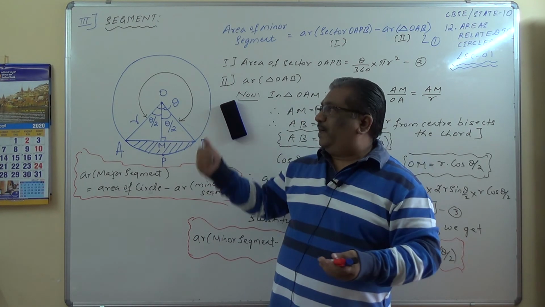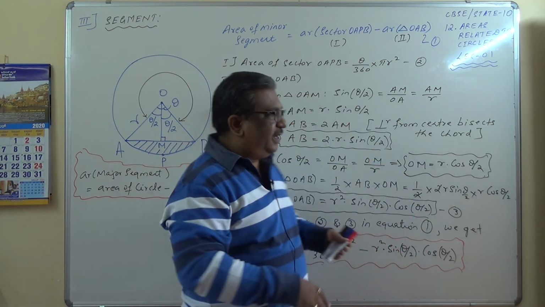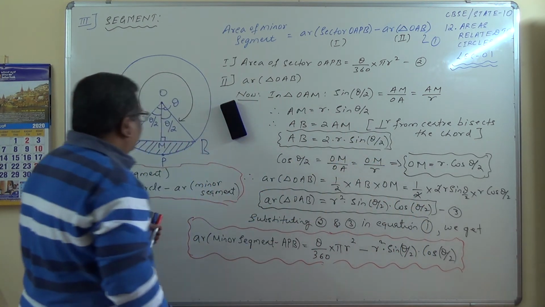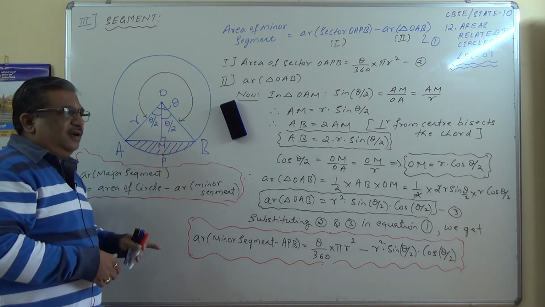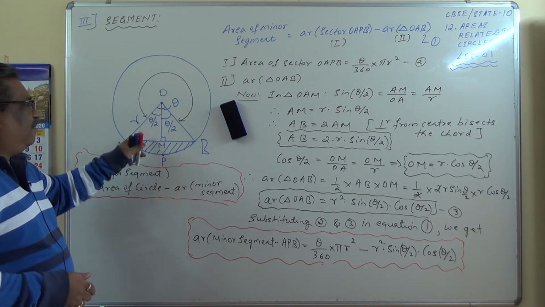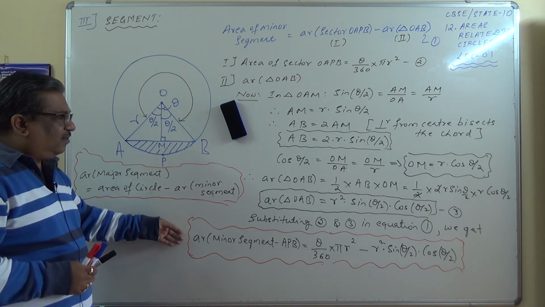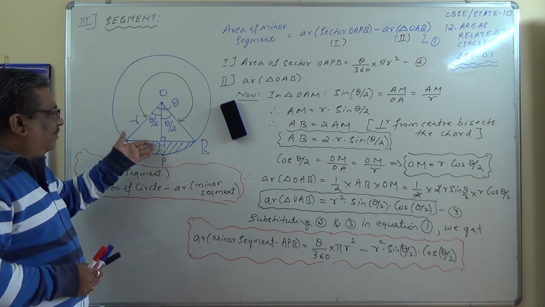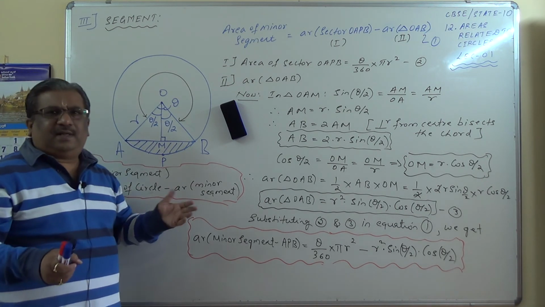Then we took the segment, area of the major segment and area of the minor segment. We calculated the area of the minor segment using this formula, where theta is the angle subtended by the minor arc at the center, or the angle of the sector. So we finally concluded with the area of the minor segment as well as the major segment. I think nothing more to discuss.